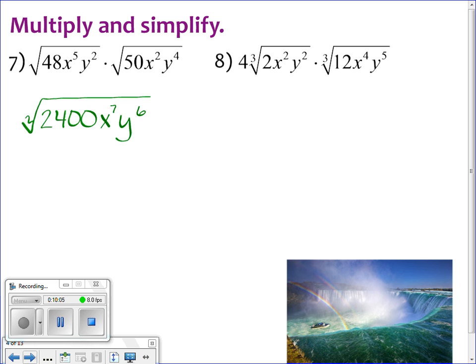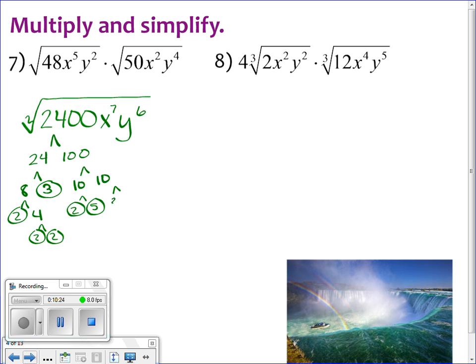All right, square root of 2400. Is it pretty? Nope. Okay, so we need to break that down. Good. Groups of 2, because we're doing square root.